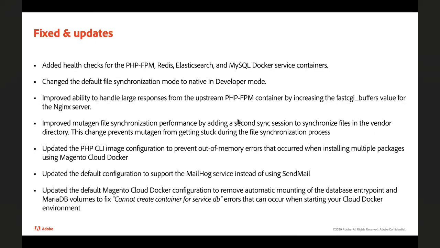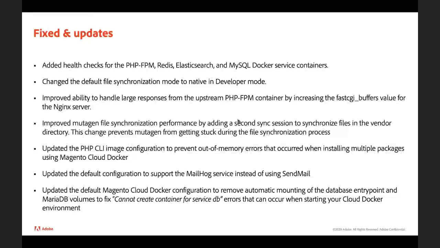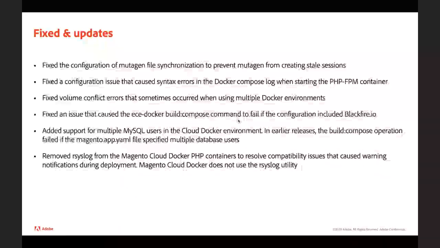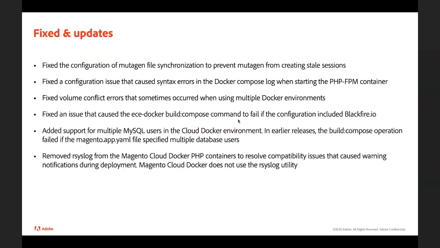We updated default configuration to support the MailHog service instead of sendmail. We updated default configuration to remove automatic mounting of the database entry point. Also, we fixed Mutagen and PHP FPM configuration, fixed volume conflicts when you're using multiple Docker environments, fixed an issue during Docker Compose generation if configuration includes the Blackfire extension, added support for multiple MySQL users, and removed rsyslog from the Magento Cloud Docker containers.